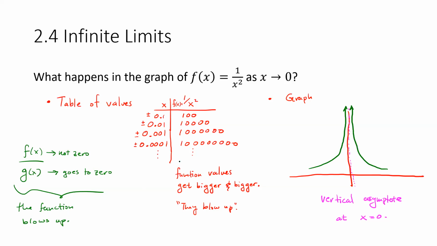Because when you divide by smaller and smaller numbers, the quotient is actually going to get bigger and bigger. The quotient's going to explode. It's going to get huge as the denominator gets smaller and smaller.